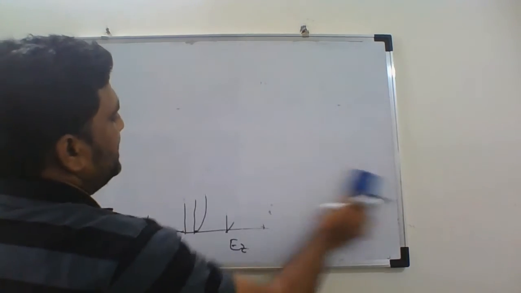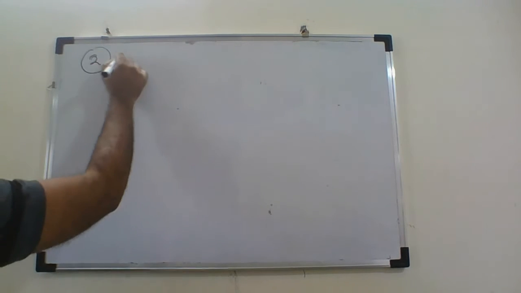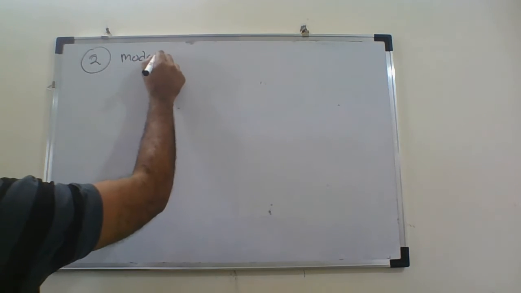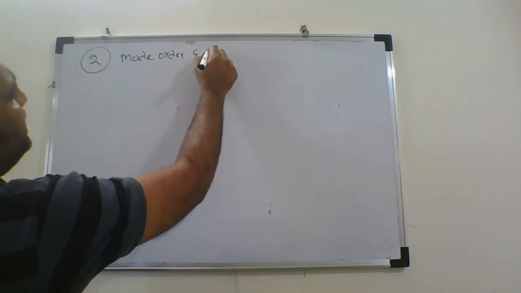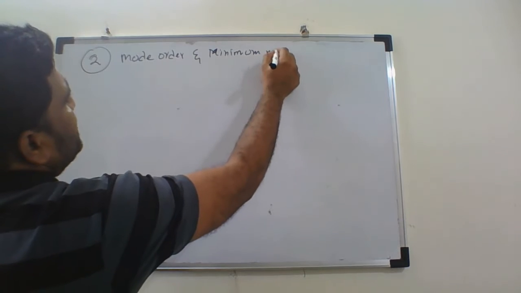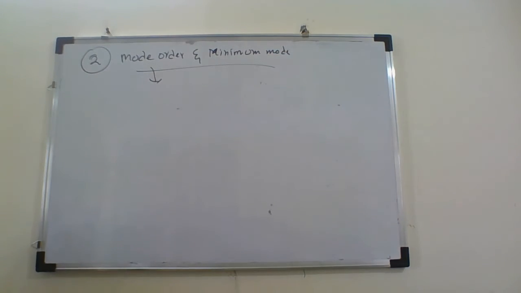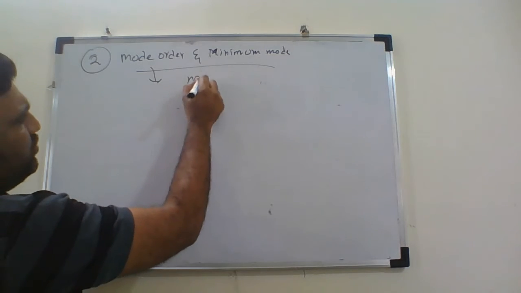Now let us go to the second characteristic, which we already discussed a little bit, which is about the mode order and the minimum mode possible. We discussed many times, even in the TE case, what is meant by mode order. Mode order is nothing but the value of m.